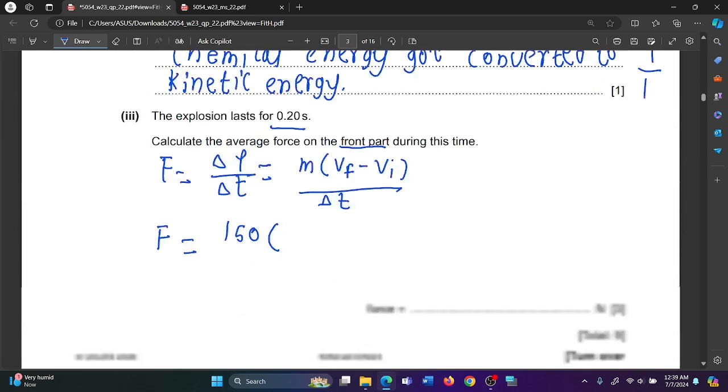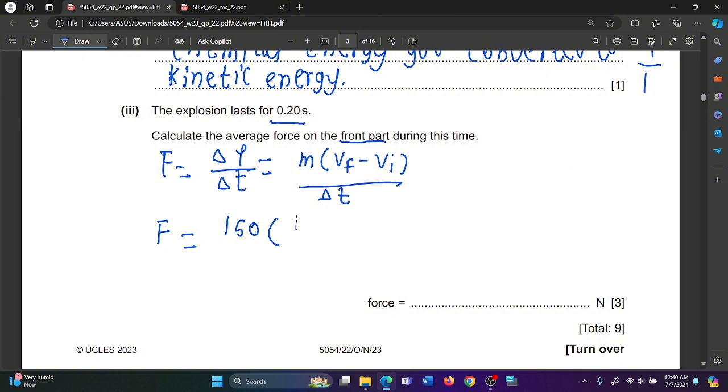Thus, the initial velocity is 8,000 and the final velocity is 9,000. 9,000 minus 8,000 by time. What is the delta t? 0.2.